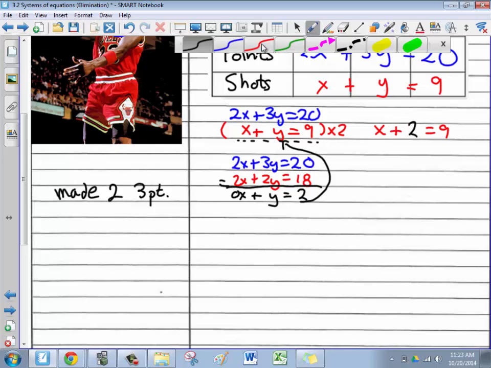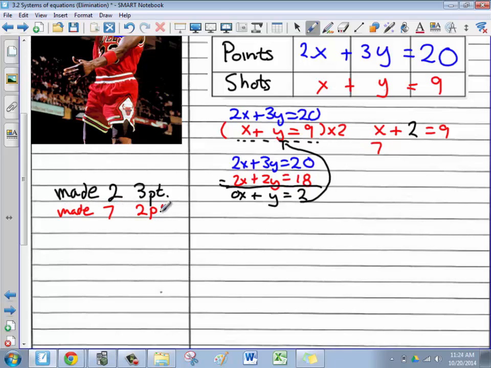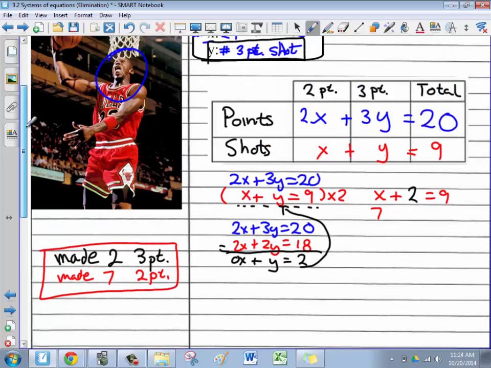Well, that's 7. 7 plus 2 is 9. So he made 7 2-point shots. And I just used elimination to figure out how many 3-point shots and how many 2-point shots Kyle, who looks a lot like Michael Jordan, made in this game.